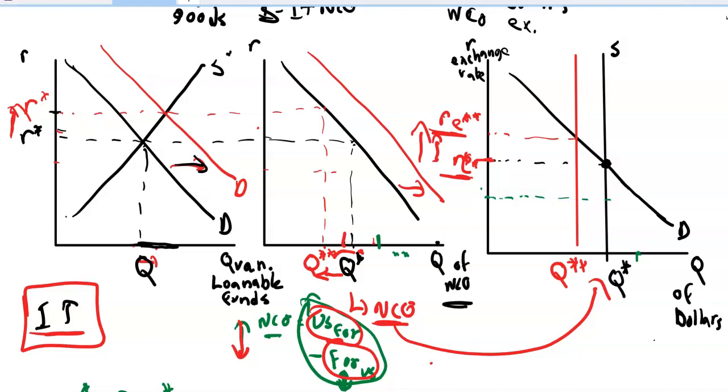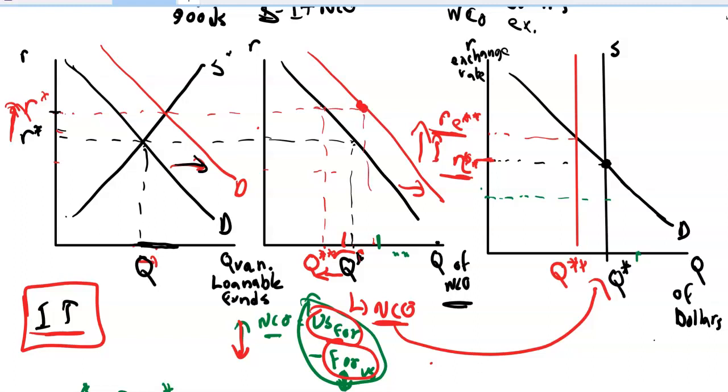So consequently, as we can see, because real interest rates went up, NCO was here, and now it is here. To keep the money in, some people may keep the money in, but some people may take the money out.